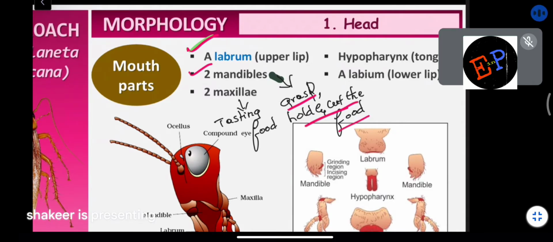Next two maxillae, which are responsible for tasting the food. Then hypopharynx, which is also called tongue, and a labium, which is called lower lip. Head is made up of these many parts, and finally a triangular type of structure is formed.